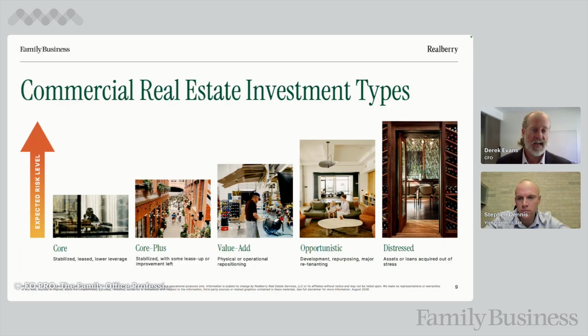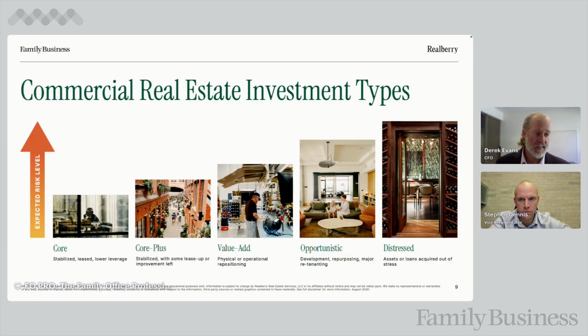These could be assets that are being bought from a lender, as an example, where the underlying risk profile of that asset lends itself to being of a distressed quality. So I think the important thing to consider around all this is lower the risk, lower the returns, higher the risk, higher the return profile.